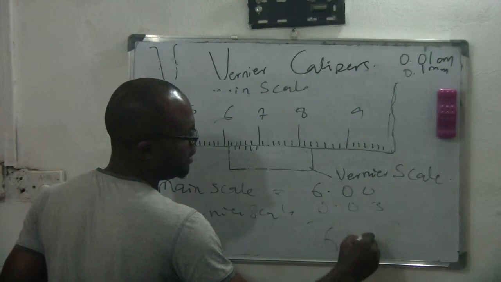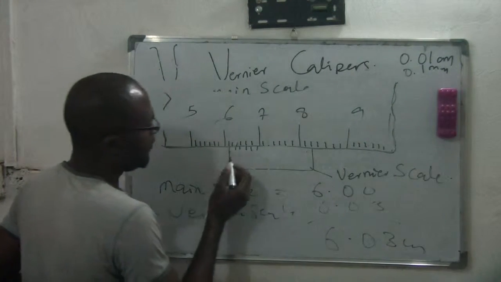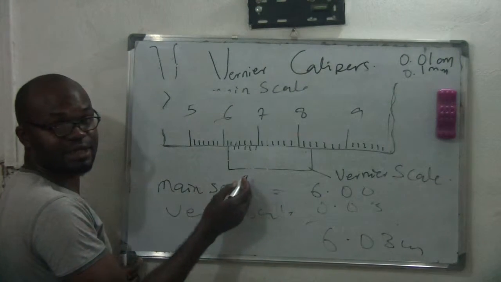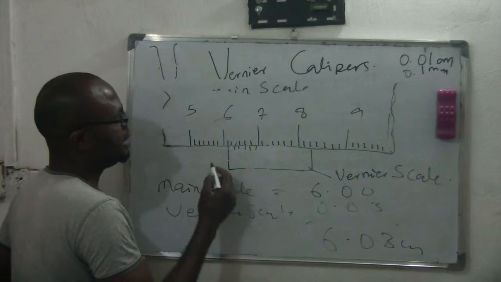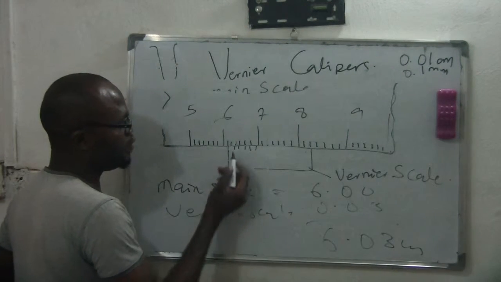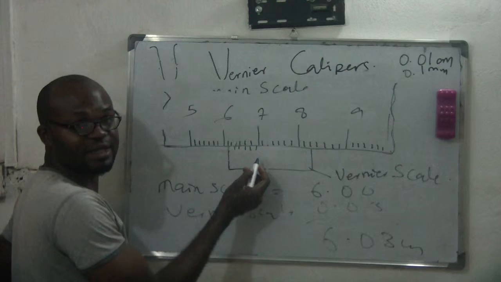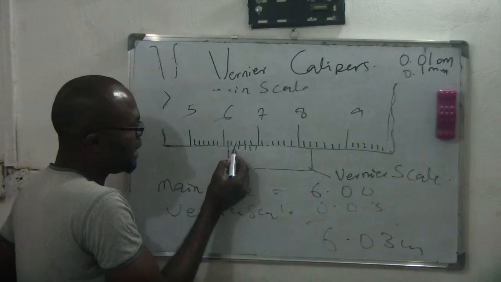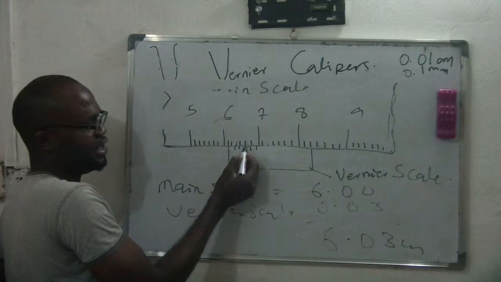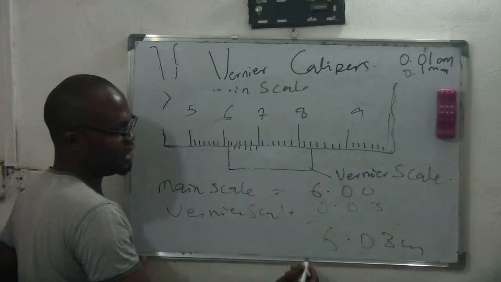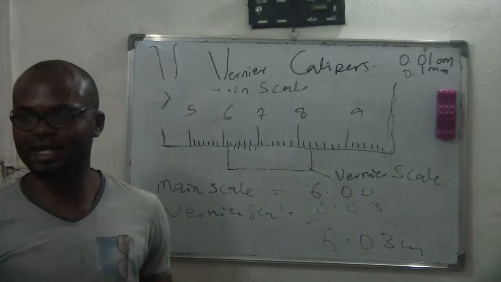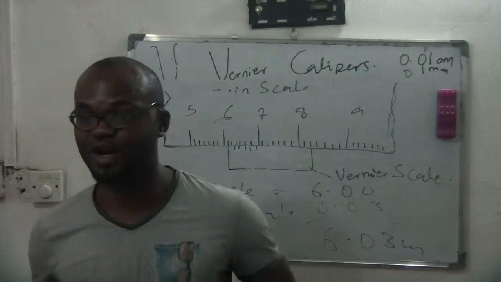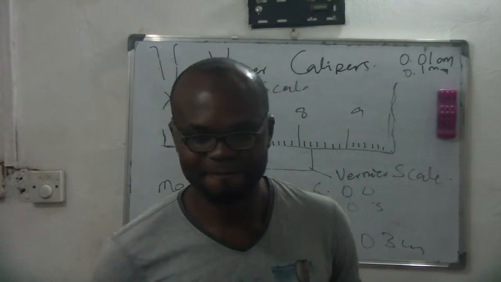Making 6.03 cm. Why? Because 6 is the last major reading before the vernier scale. That's how we have 6.0. Then how do we get 0.03? We count the marks on the vernier scale to the point where it intersects with the one on the main scale, isn't it? So we have 1, 2, 3. At point 3 it intersects, so it's 0.03. So we have 6.03. Is that clear? Yes. So with this now you can take any reading in the vernier caliper. Is that clear? Yes. Good.